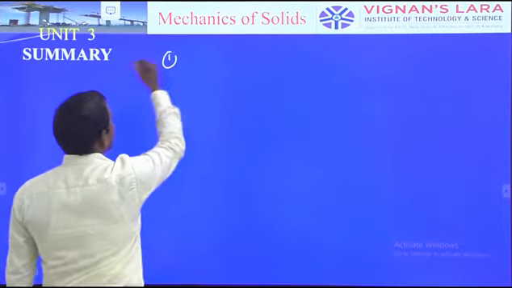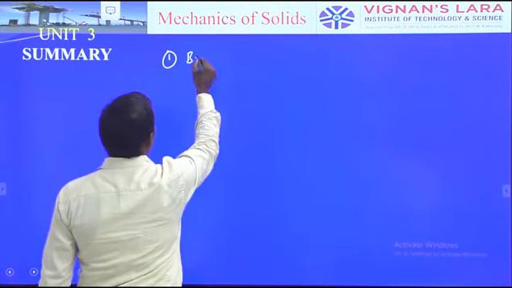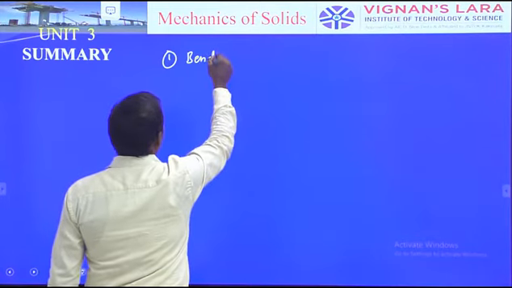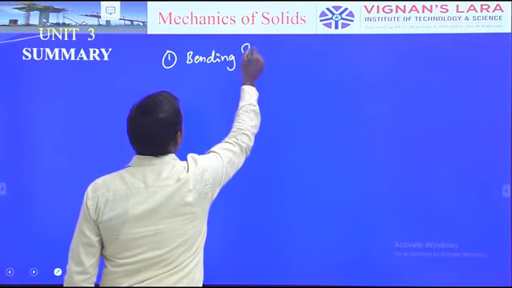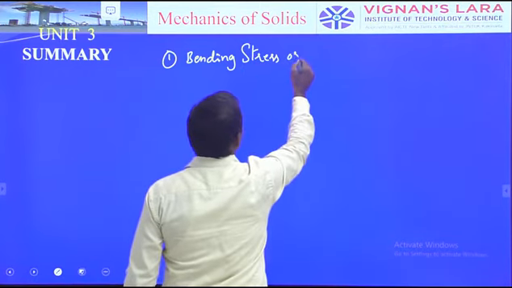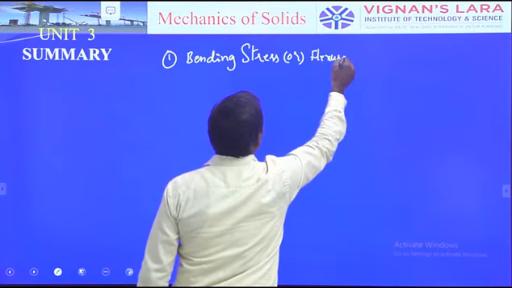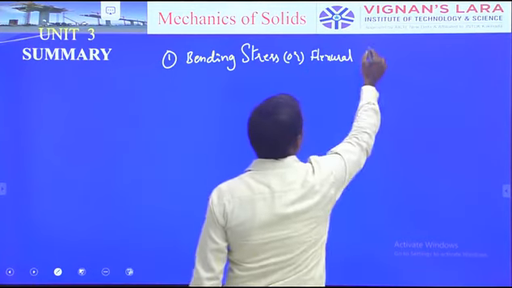Today we are going to summarize the syllabus in the third unit, in which there are two parts. The first part is bending stress in beams, also called flexural stress.